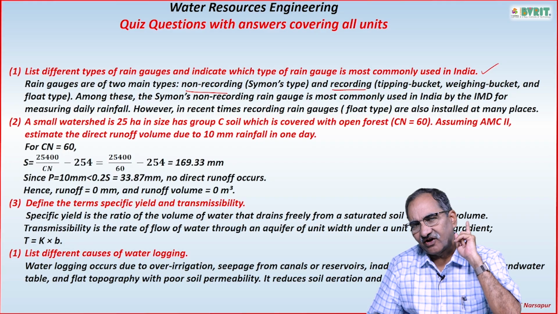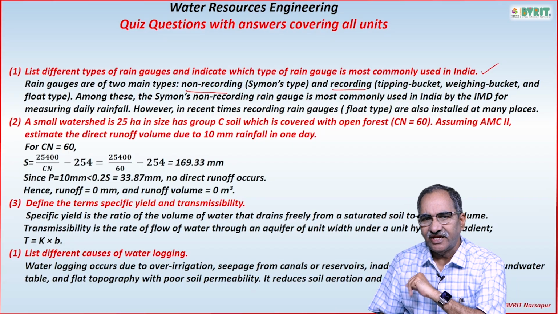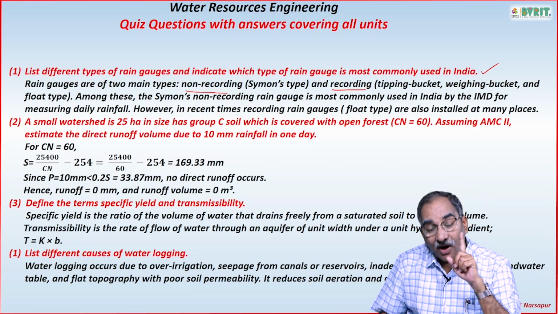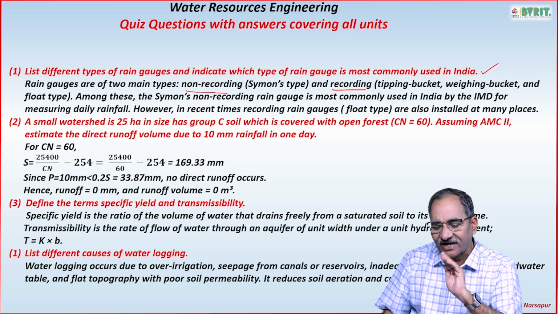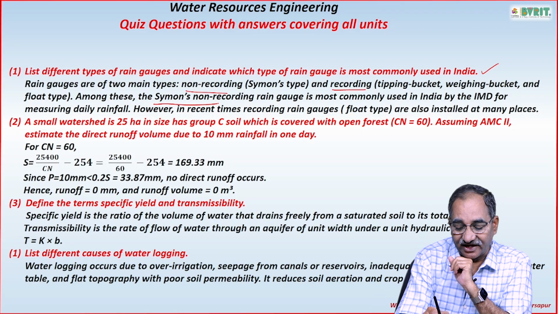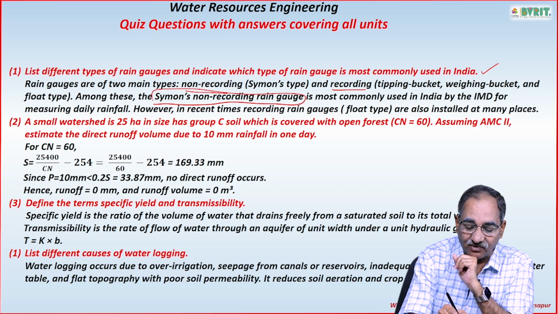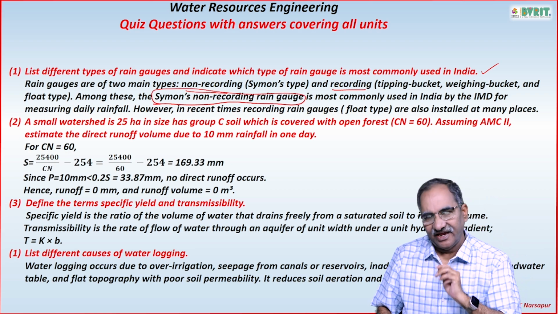Total how many? Non-recording 1 and recording 3. Total 4 types. Among these 4, the most commonly used in our country is the Simon's rain gauge. This is the most commonly used rain gauge.